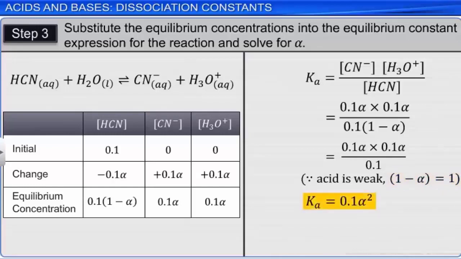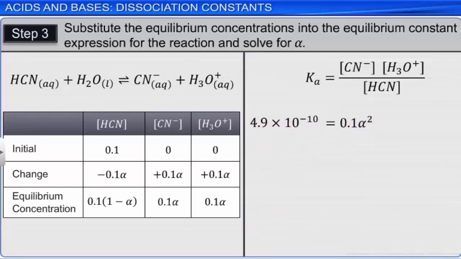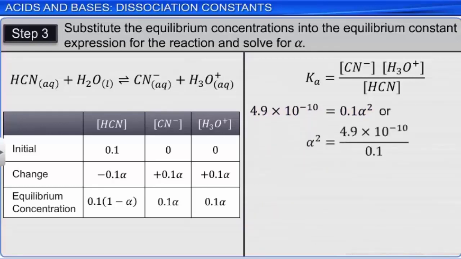As the value of Ka for hydrocyanic acid is given as 4.9 multiplied by 10 raised to the power minus 10, we can write 4.9 multiplied by 10 raised to the power minus 10 is equal to 0.1 alpha squared. Now, alpha squared is equal to 4.9 multiplied by 10 raised to the power minus 10 divided by 0.1.